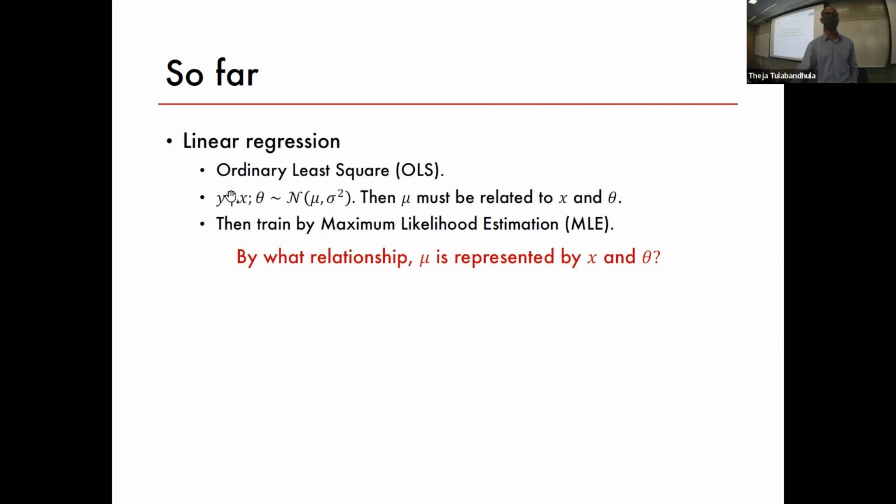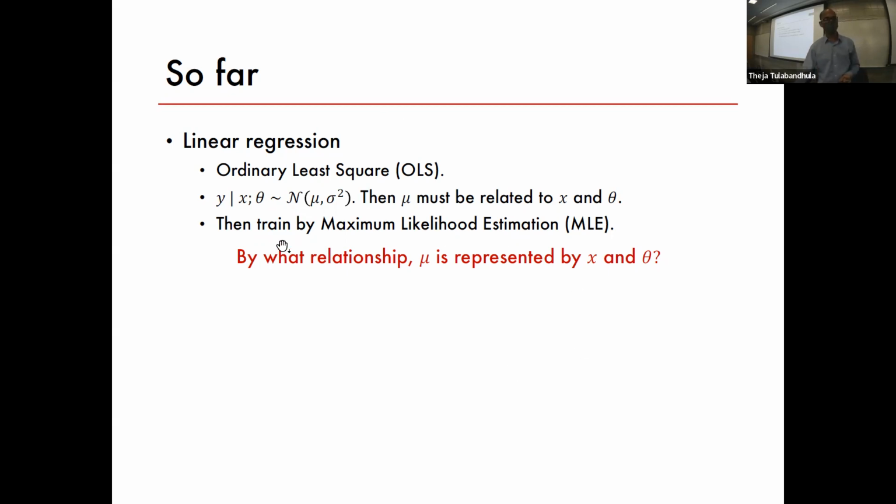We said, if we assume that the conditional probability of y given x and the parameter theta is a normal distribution with some mean and some variance, where the mean is related to x and theta, then the squared loss problem we defined earlier is related to the maximum likelihood estimation of the data, which is the y's, trying to find the theta that maximizes the likelihood of this data.